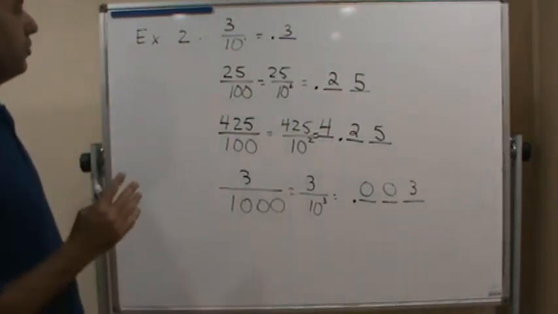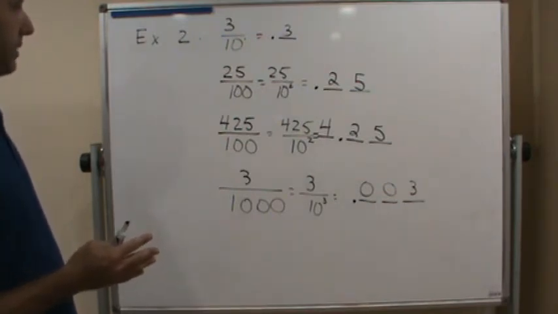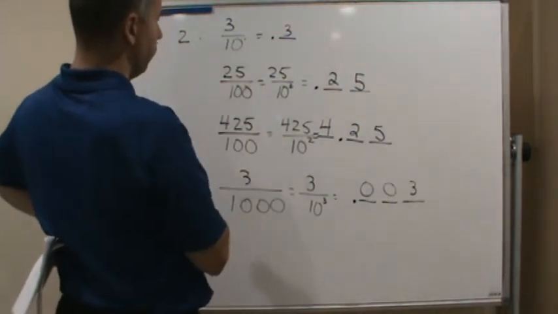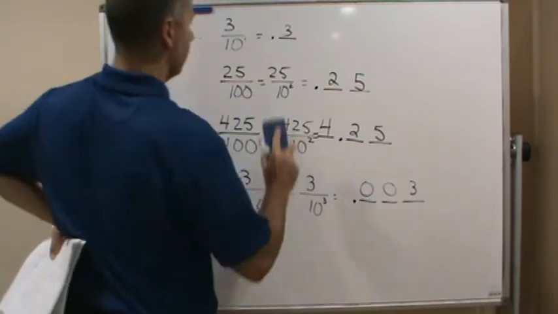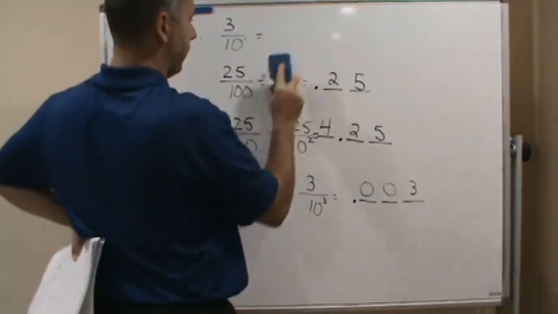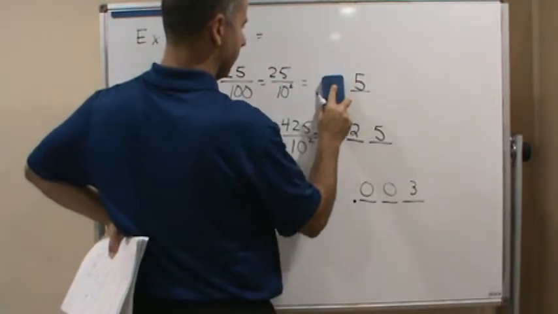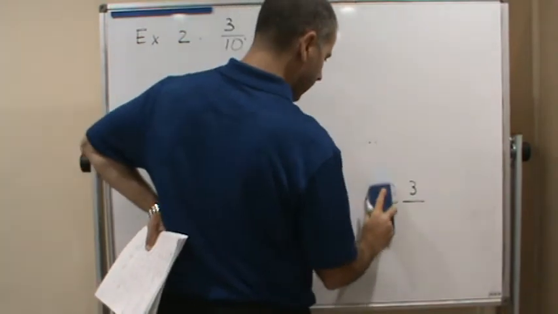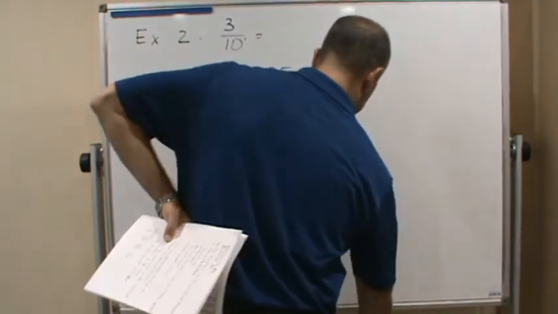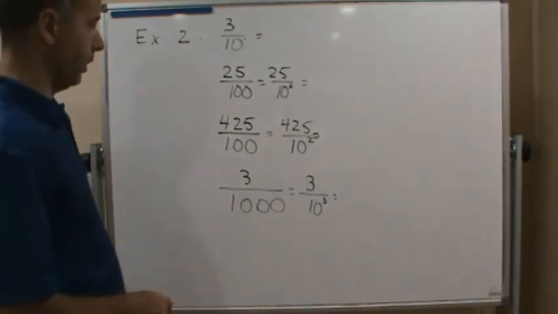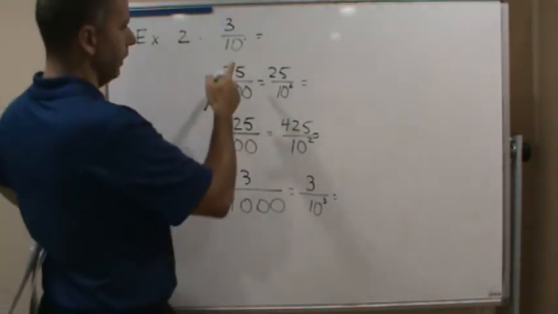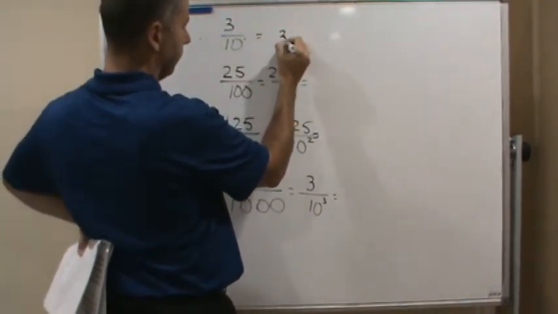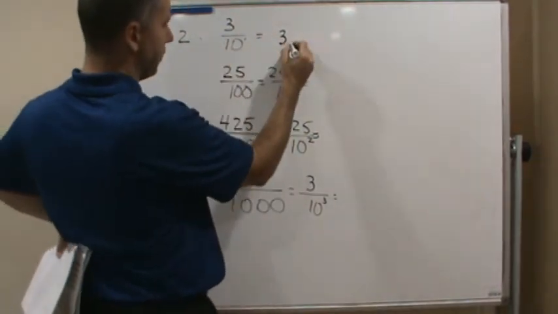Now, another way to think about this: I'm going to erase these and show you a little shortcut that will get you the same answer. If we look at 3, 3 can be written as 3 with a decimal point.